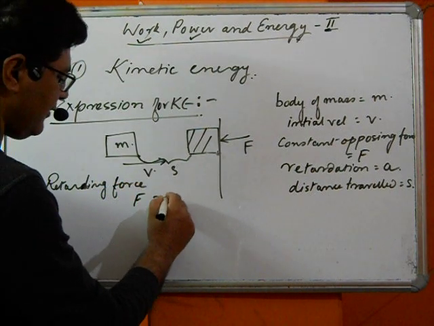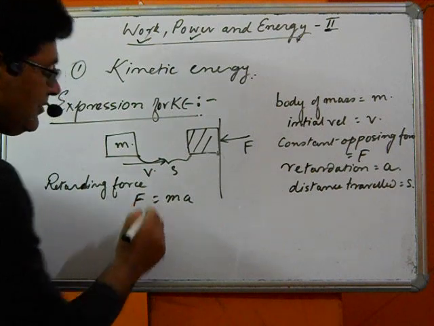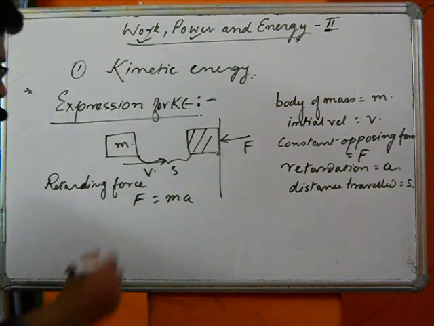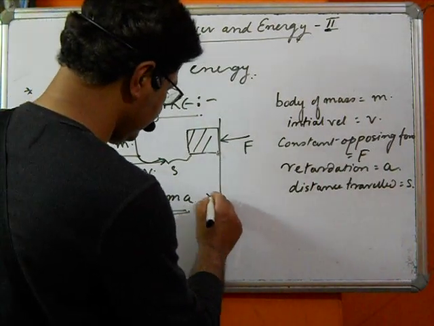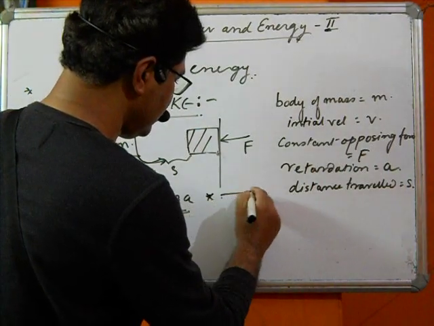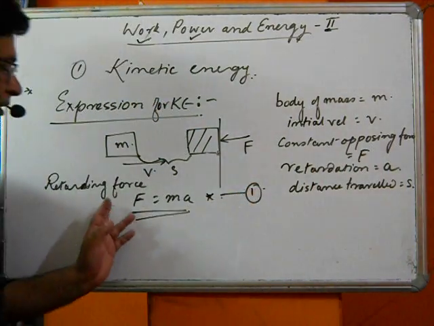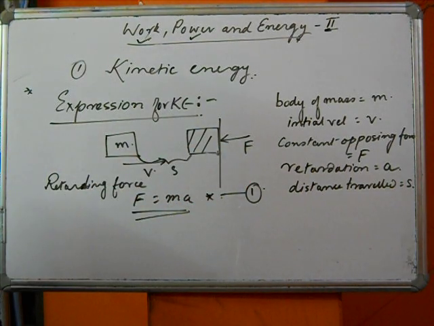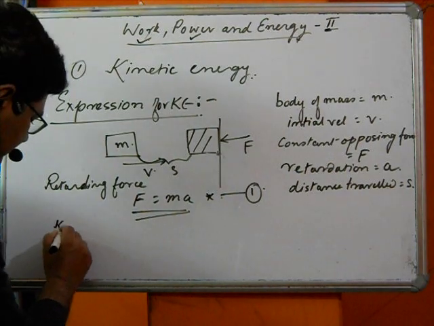Now we know retarding force F equals m into a, that means mass into acceleration. Here, mass into retardation. So the retarding force that I have been applying is mass into acceleration or retardation. Now, what is kinetic energy?